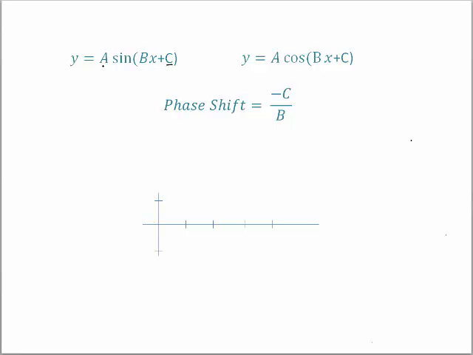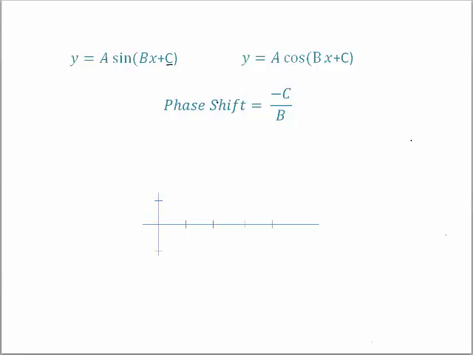Let me remind you that the A stands for the amplitude, the B, or the number in front of the X, has to do with figuring out the period, and then we have our sine and our cosine graphs. Notice they're the same nomenclature, they're just sine or cosine.